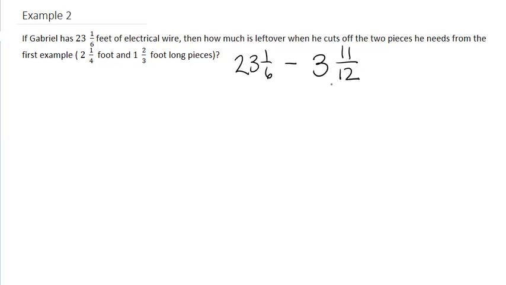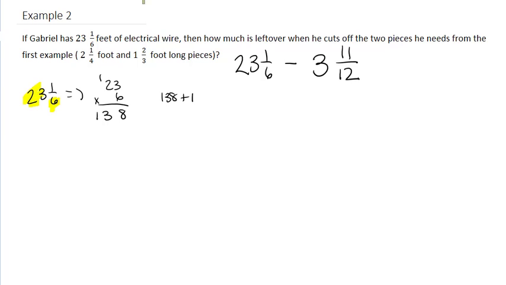So how we go about this is we're going to convert this 23 1/6 to a fraction. So now we go 23 times 6. 3 times 6 is 18, carry the 1. 2 times 6 is 12, plus 1 is 13. And then we're going to go 138 plus 1.